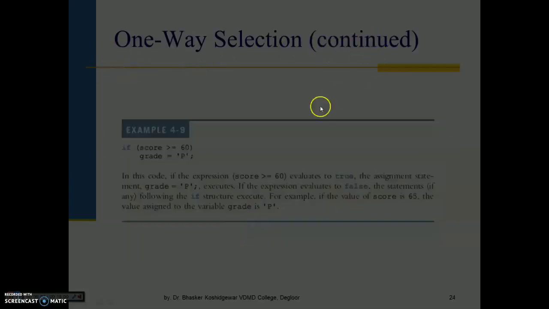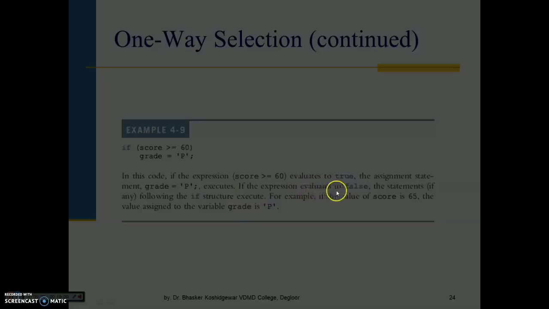One-way selection continued: if score is greater than or equal to 60, then grade equals P. If the expression score greater than 60 evaluates to true, the assignment statement grade equals P is executed.